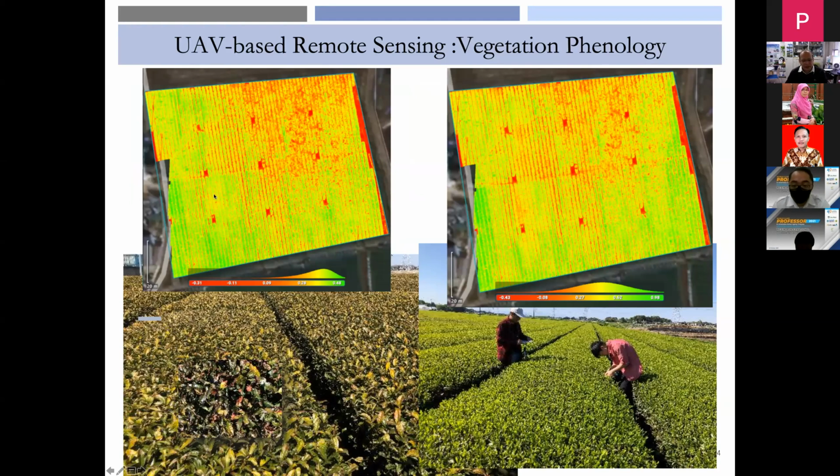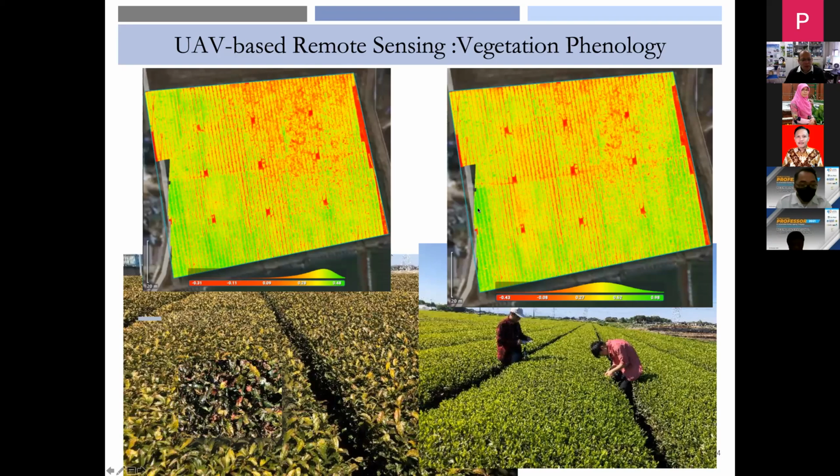You can see this is a plantation field, an Ocha, green tea plantation field in Ibaraki. One of my students is from Asia and one student is from Japan, trying to find out the leaf distribution and the quality of the leaf. If the chlorophyll content is very high, they are taking measurements of the chlorophyll and trying to connect the chlorophyll content with the main scene.